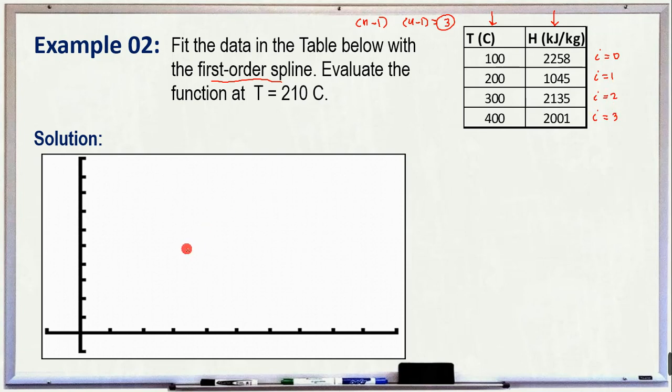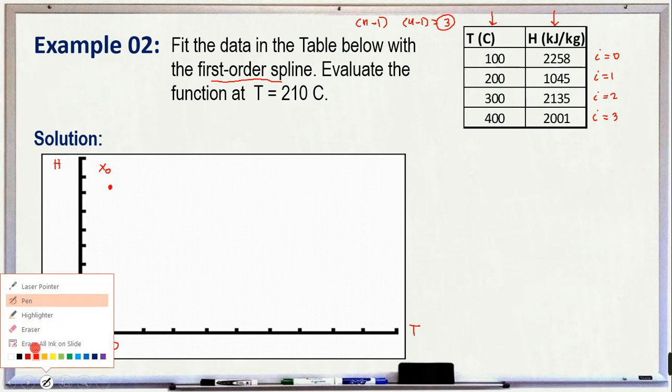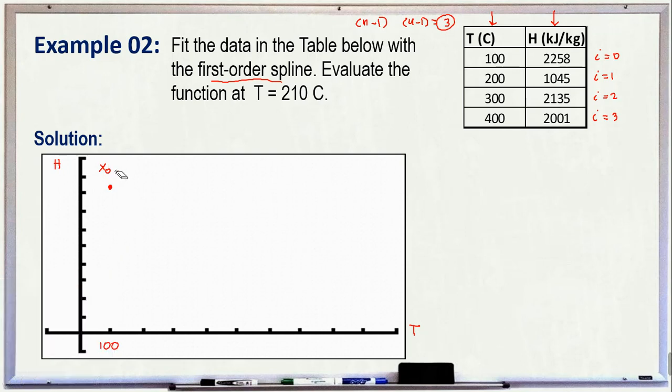Okay. So ato i-graph ani. So we have 100, 2258. So di na nato paano sa horizontal this is temperature, vertical this is enthalpy. Di na nato ibutang dira kung asan 2258 basta somewhere here kay siya may pinaka higher. So mao na siya ang x naught, but we're not going to use x naught kay in terms of temperature man siya.